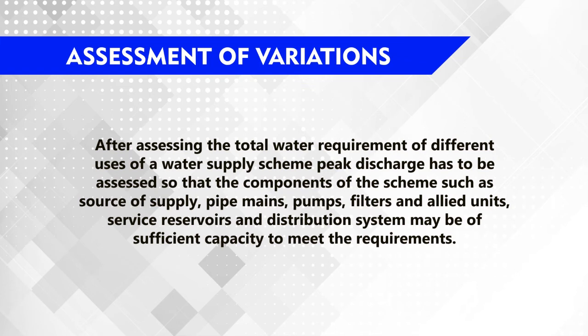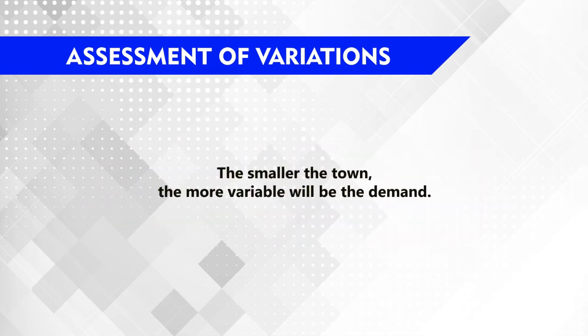Assessment of variation. After assessing the total water requirement of different uses of a water supply scheme, peak discharge has to be assessed so that the components of the scheme, such as source of supply, pipe mains, pumps, filters and allied units, service reservoirs and distribution system, may be of sufficient capacity to meet the requirement. The smaller the town, the more variable will be the demand.